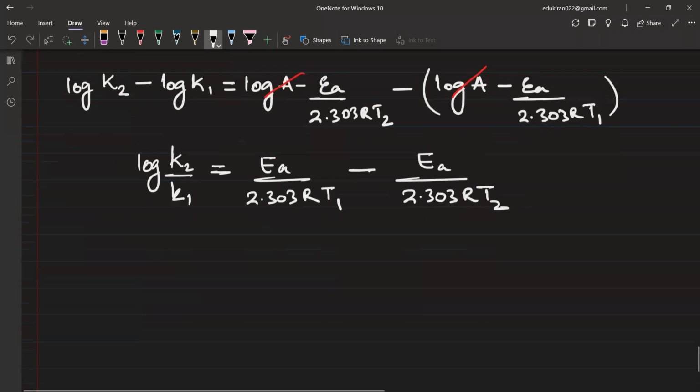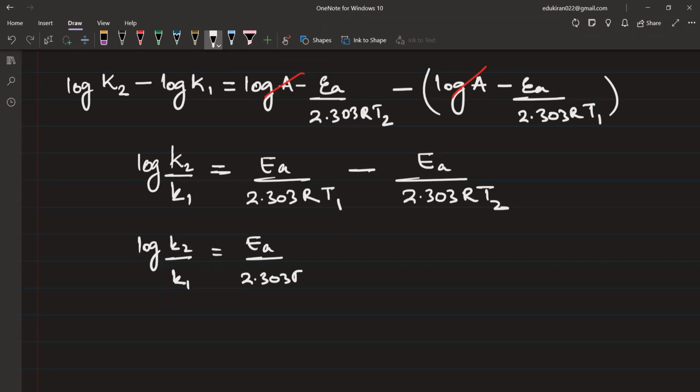I can take EA upon 2.303 R as common. Log K2 upon K1 will be equal to EA upon 2.303 R, and here I will be left with 1 upon T1 minus 1 upon T2.